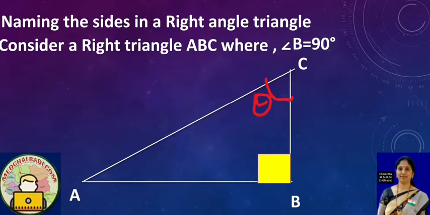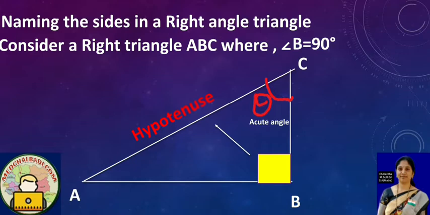Here the acute angle is at angle C. Now always the side opposite the right angle indicates the hypotenuse. So first we have to name the hypotenuse. Here AC is the longest side. This becomes the hypotenuse.